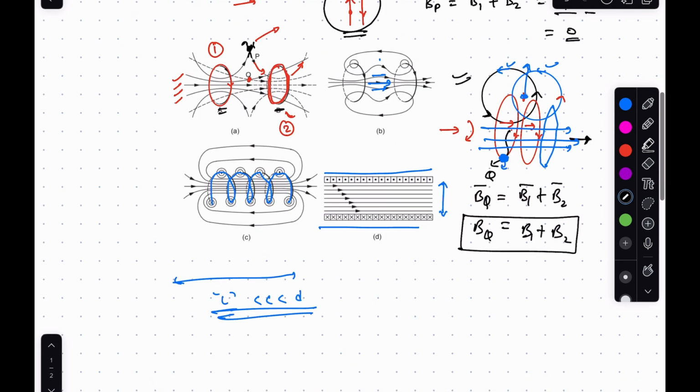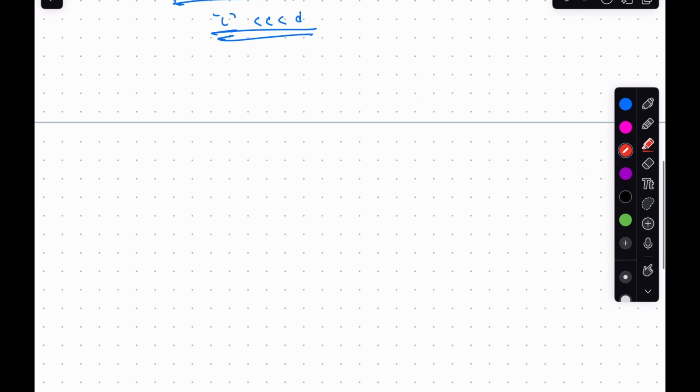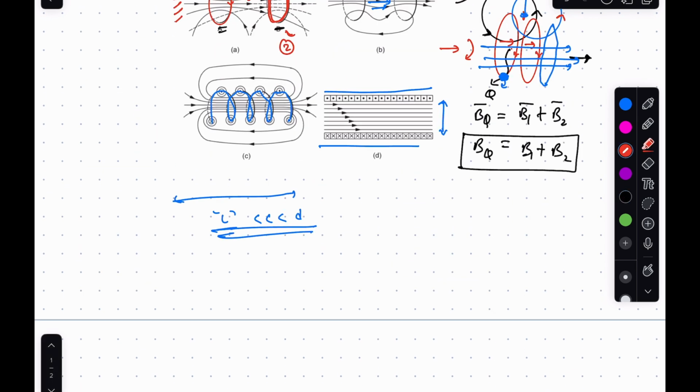We can even prove mathematically why the magnetic field outside is zero. The mathematical explanation I generally give is like this. I'm explaining with the help of this diagram. Let's take a loop like this.